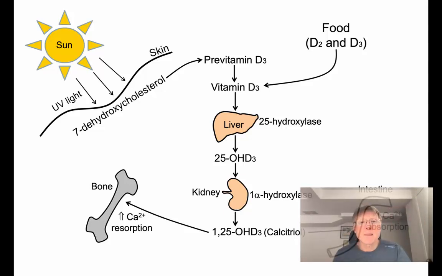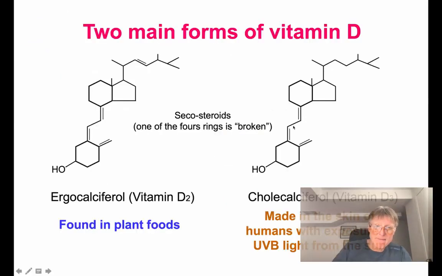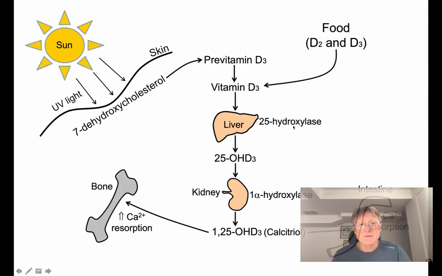So the hydroxylase is specific to add a hydroxyl group to that carbon in position 25 of the hydrocarbon chain of the molecule. So now with that, you form what we call 25-hydroxy vitamin D3. You can see here. So now it's still not active.